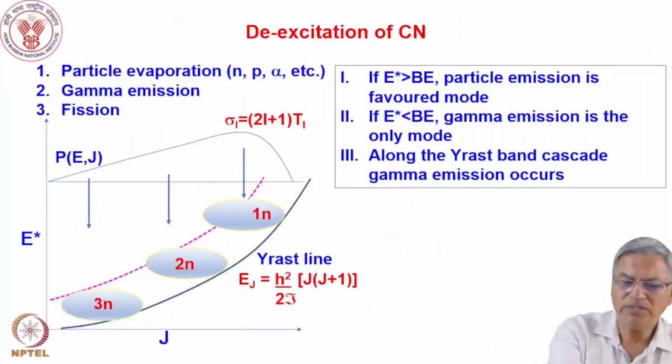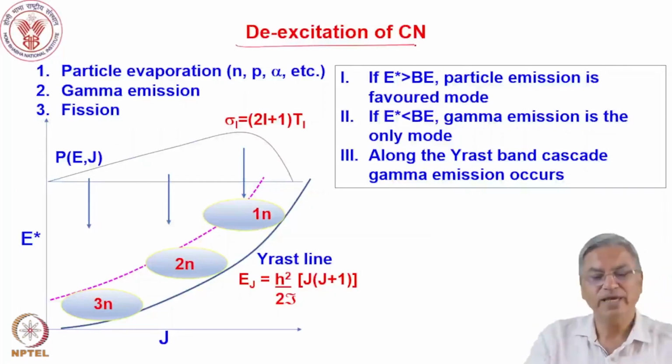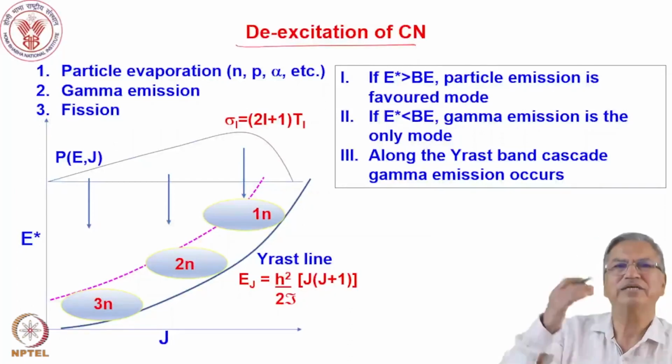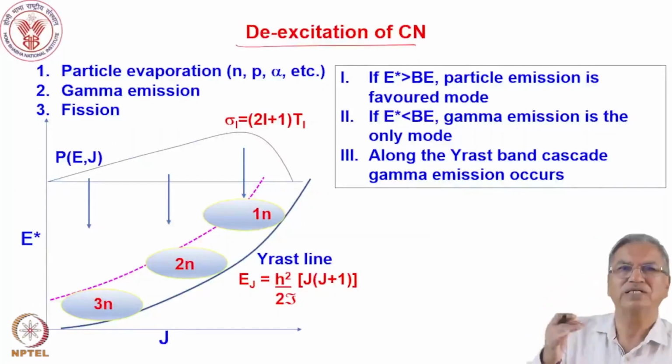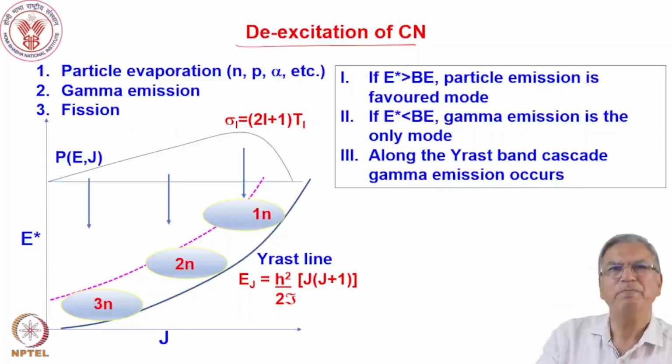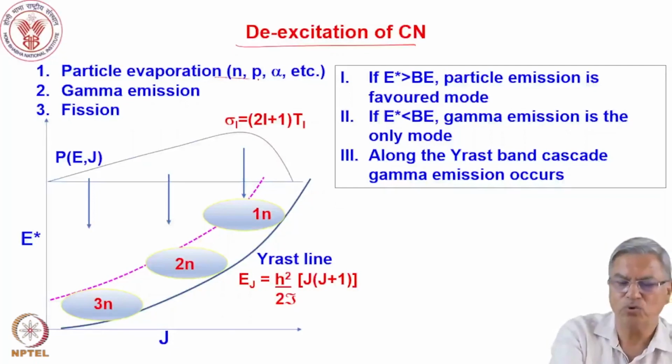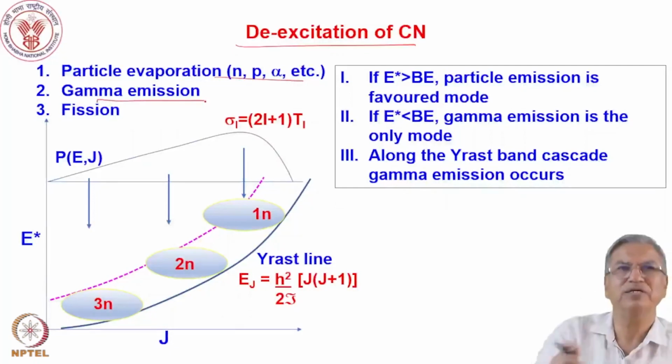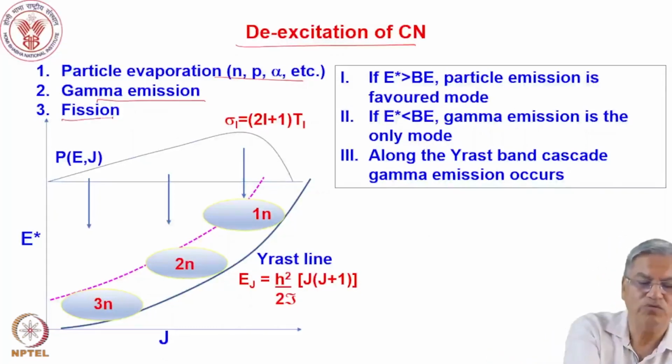So how does the compound nucleus decay? You have an excited nucleus having certain excitation energy and angular momentum. It has different pathways for decay: neutron, proton, alpha, even gamma ray emission can take place, and if it is a heavy nucleus, it can even undergo fission.